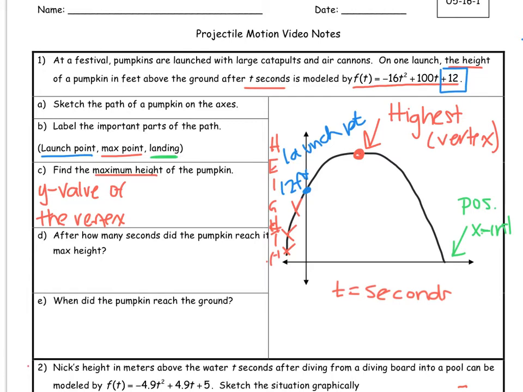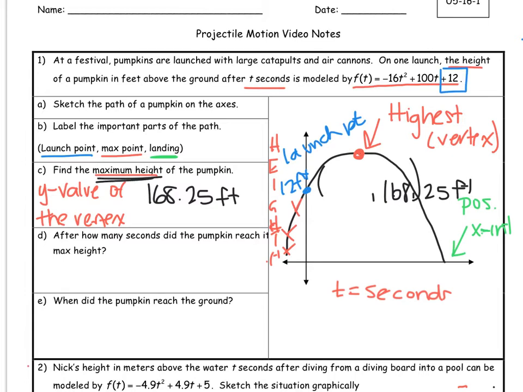I use the calculator, and the y value of the vertex, and I'm going to write that underneath here. The y value of the vertex, when we put this in our calculator, is 168.25. And what's that measuring? It's measuring feet. So the y value of the vertex is 168.25 feet. That is the maximum height of the pumpkin.